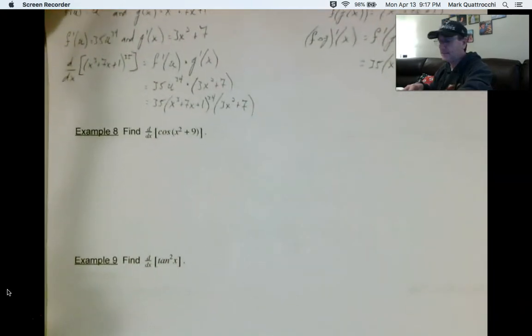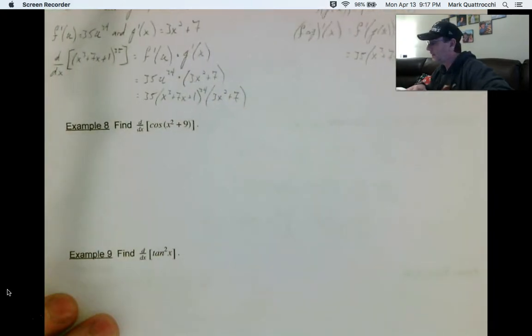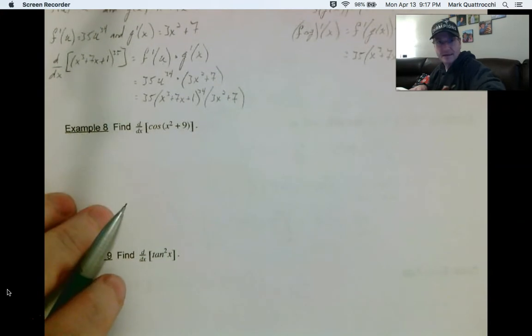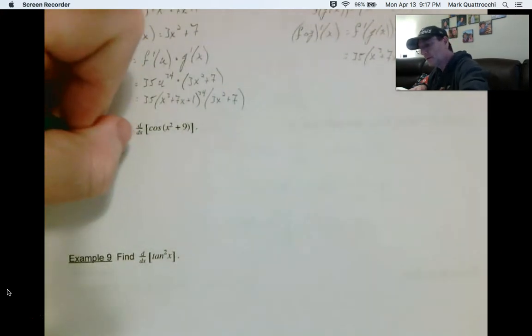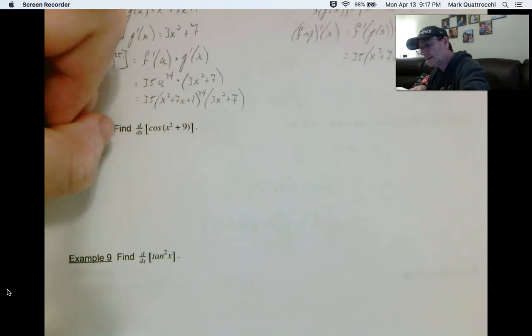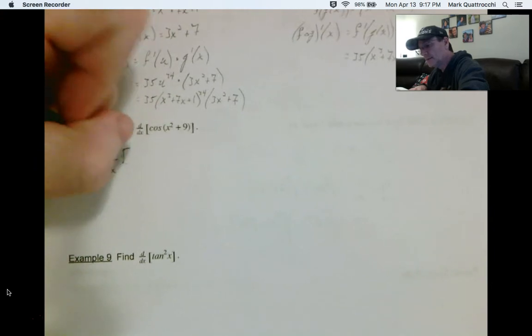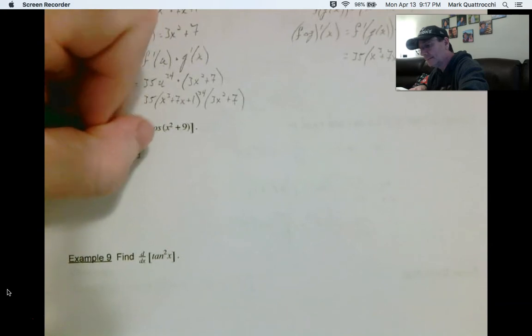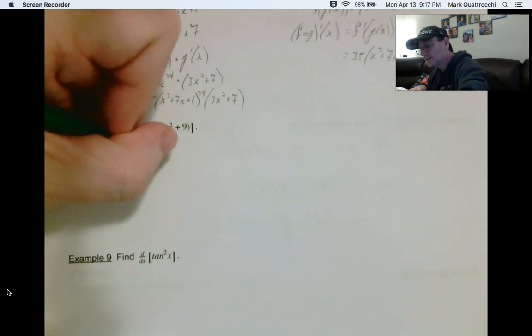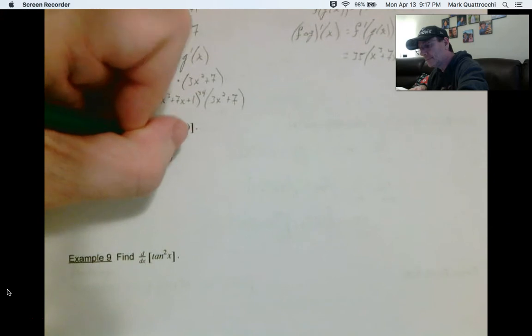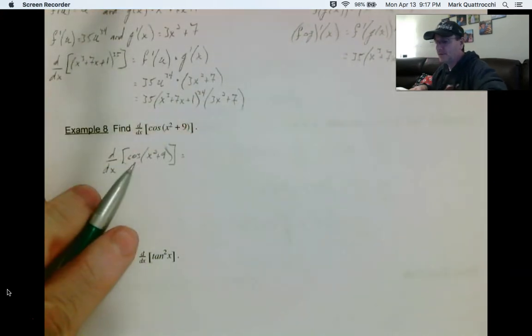Example 8. Let's do outside, inside. The derivative of cosine of x squared plus 9 equals the derivative of the outside function.